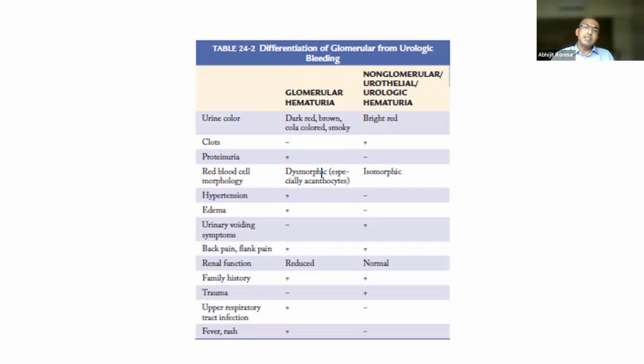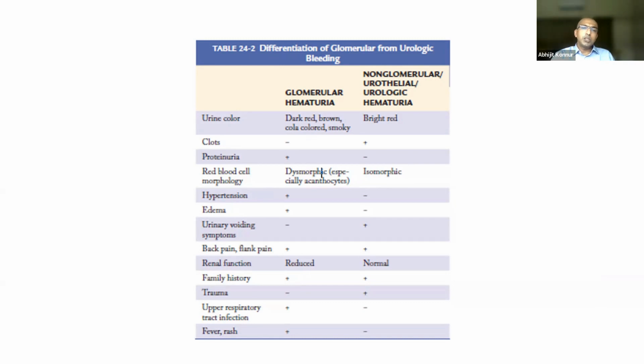Glomerular hematuria typically presents with altered urine color, like coffee, tea, brown, or cola colored. Whereas urologic hematuria is bright red. You have serpiginous clots that are present in urologic hematuria. Proteinuria is typically present with glomerular hematuria.